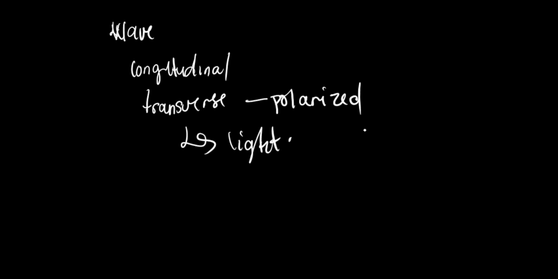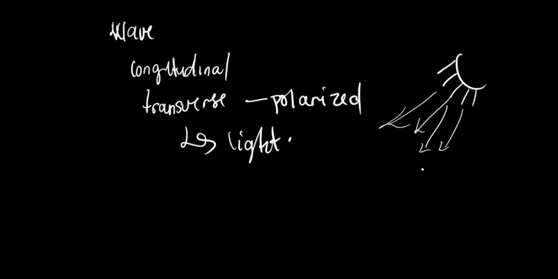Now, when we have light coming from a natural source, maybe the sun, we have different rays of light coming from this source, and the collection of these rays forms beams. It's important to note that when light comes from a natural source, the rays of light oscillate in different directions in space.